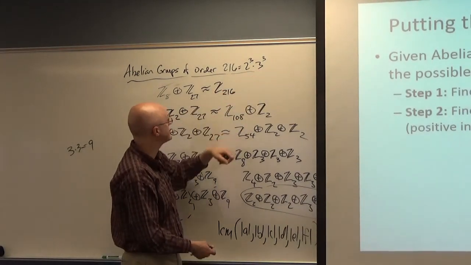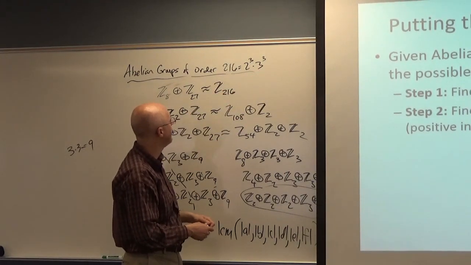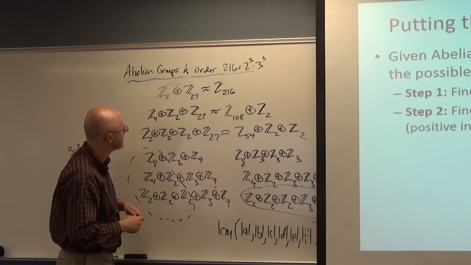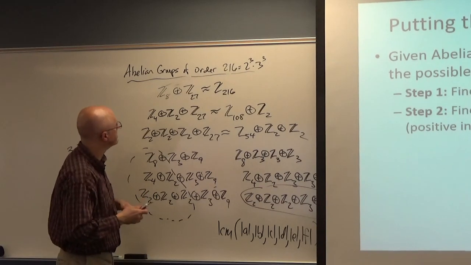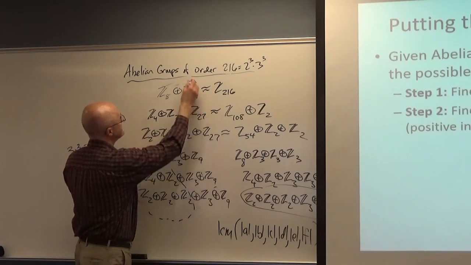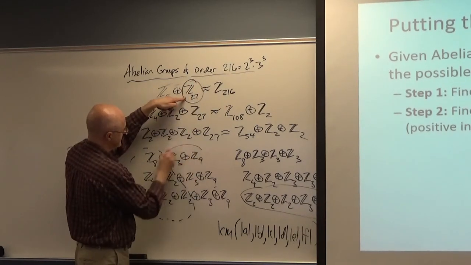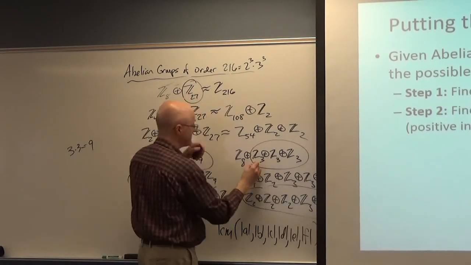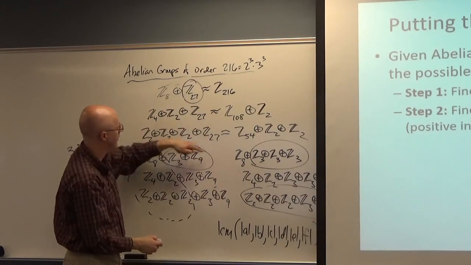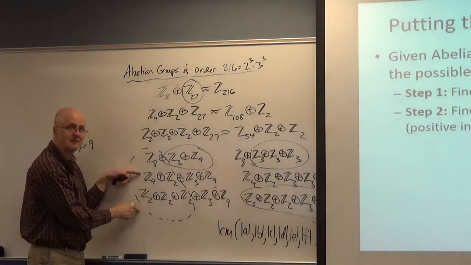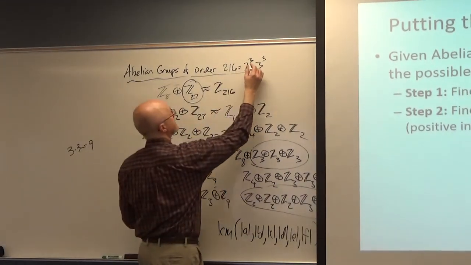There are 3 ways to partition 3 again, and there are 3 groups of order 27 that are abelian up to isomorphism. Z27 itself, Z3 with Z9, and Z3 with itself 3 times, corresponding to the way we did it with 8. Again, it's the exponent that's the important thing.